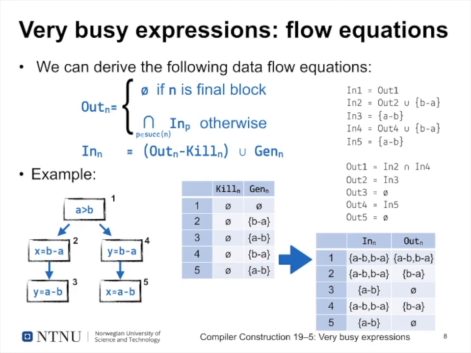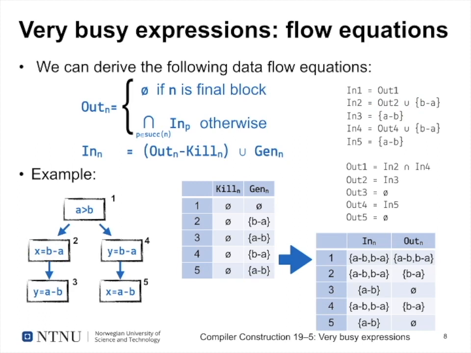So we can now start doing our iterative approach to calculate the in and out sets for our analysis. So we know in 1 equals out 1. Now we can go down here and say in 2 equals out 2 joined with b minus a, which is exactly what's being generated here.